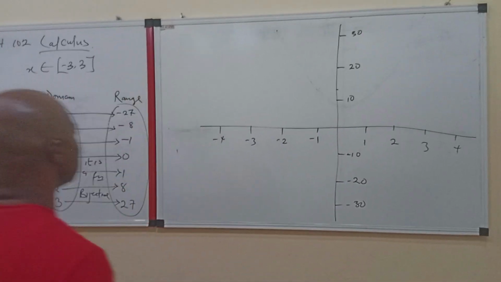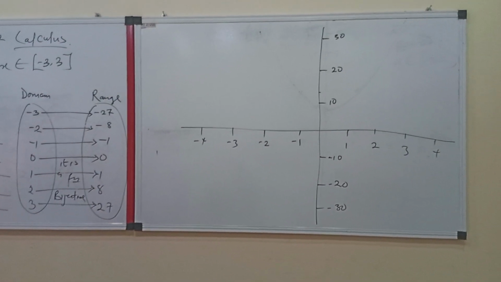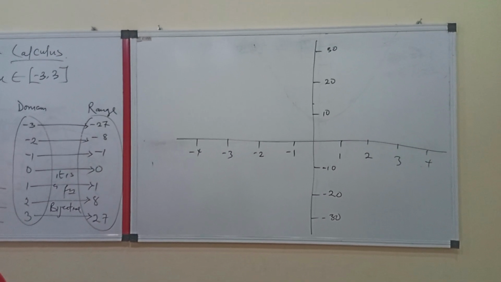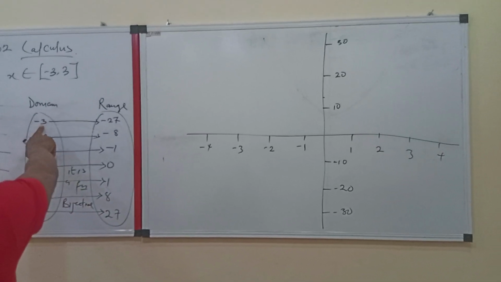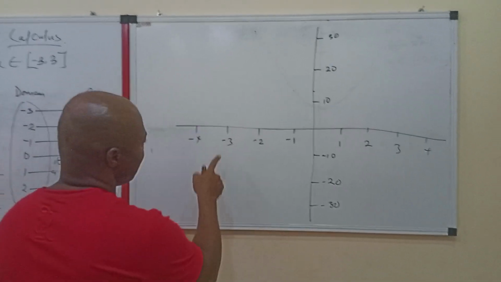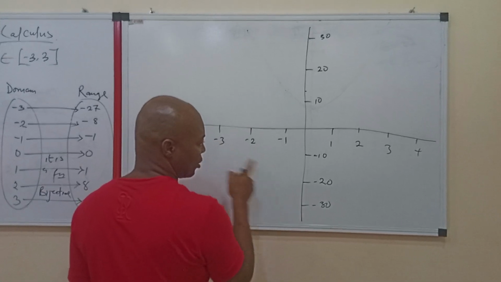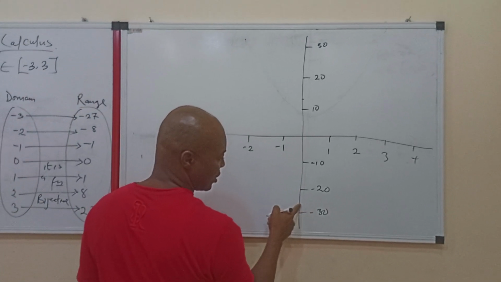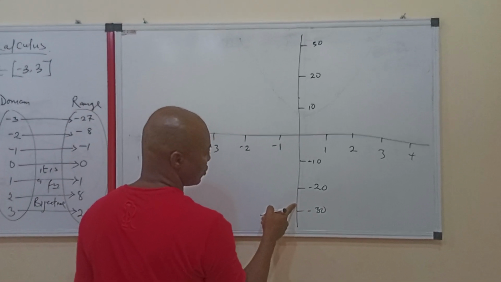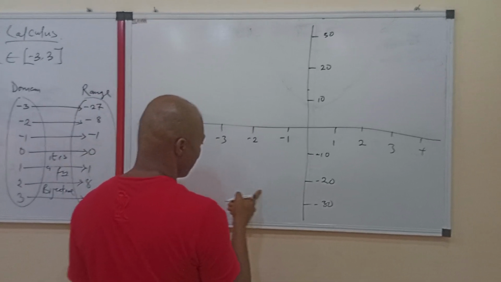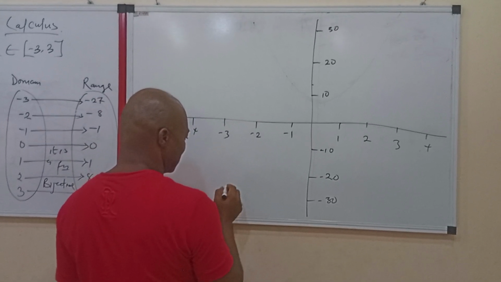Now if the thing is like this, let us try to plot the graph to see how it will look. Now see what it is. When x is -3, it gives you -27. -27 will be close to this 30 here, so somewhere here at this -3.